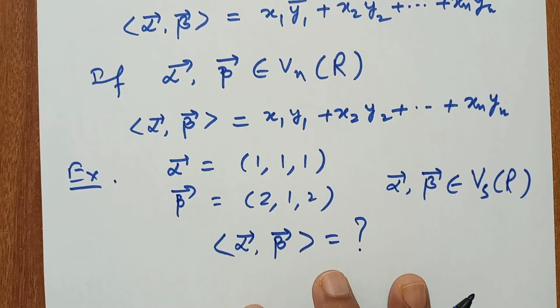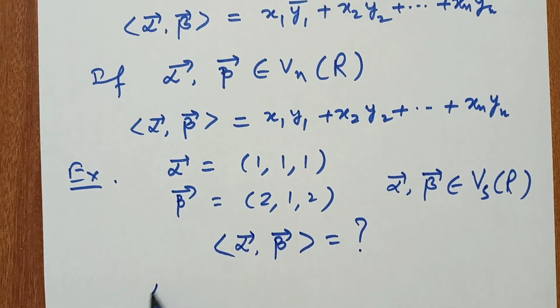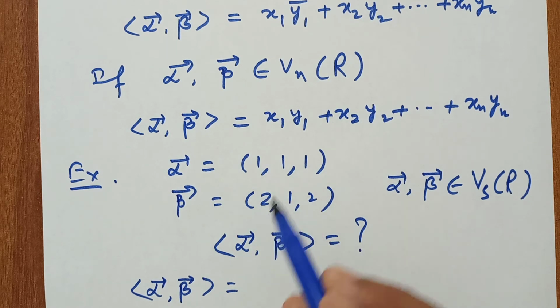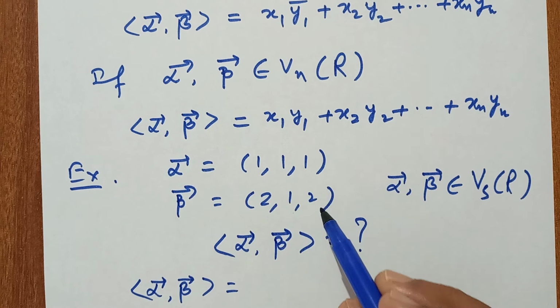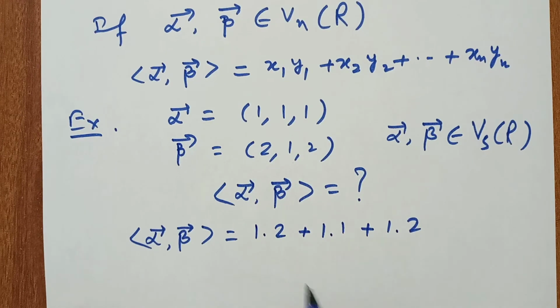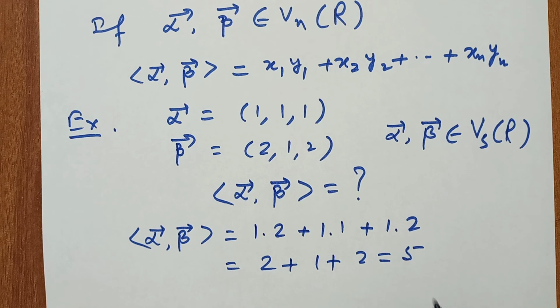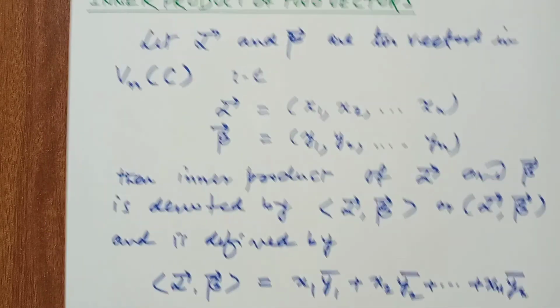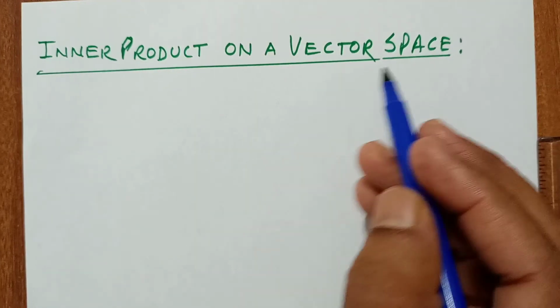By definition, alpha beta equals x1 y1 plus x2 y2 plus x3 y3. So 1 into 2 plus 1 into 1 plus 1 into 2. This equals 2 plus 1 plus 2, which is equal to 5, a scalar quantity. So this is the inner product of two vectors.